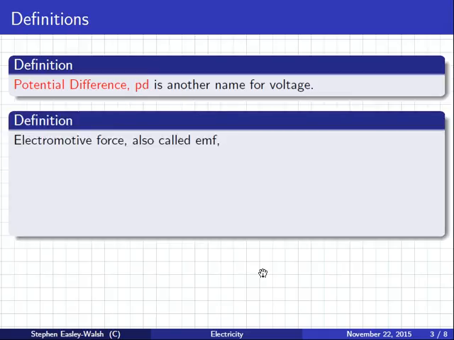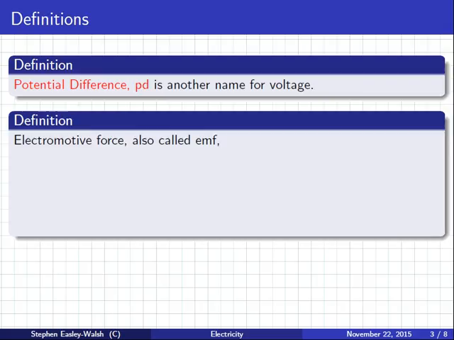Now, another word. Electromotive force, also called EMF. So let's use our English skills. Yep. So electromotive force.